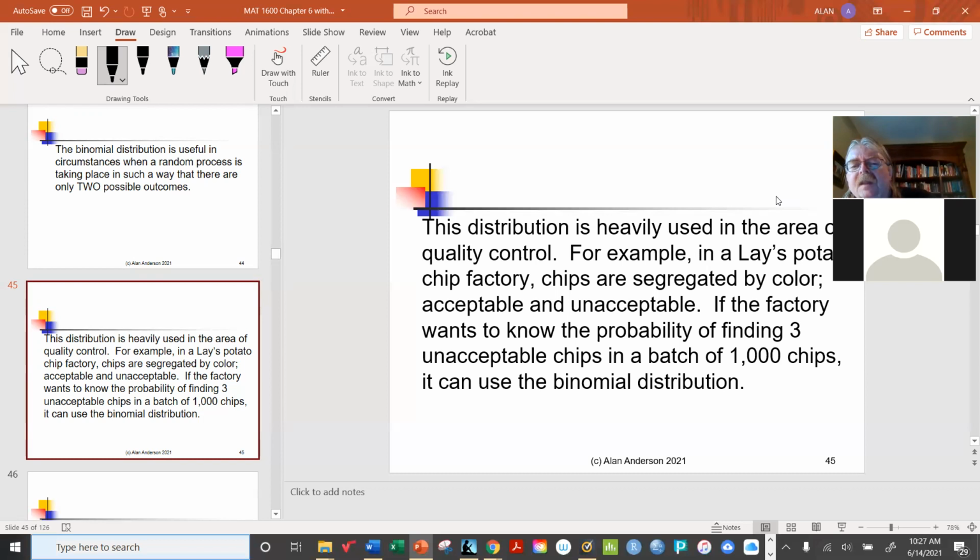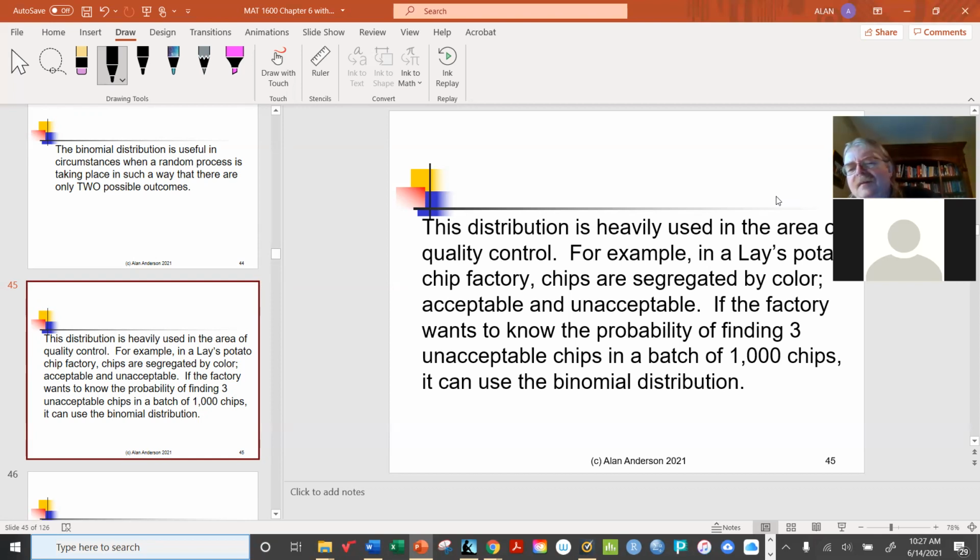So the machine finds out which ones are unacceptable by shining a laser beam of some kind on them. And if the color that it sees isn't right, it throws the chip in the garbage. The rest of them go into the bags that you and I buy in the store. So let's say the factory has some sense of how many chips should be unacceptable.